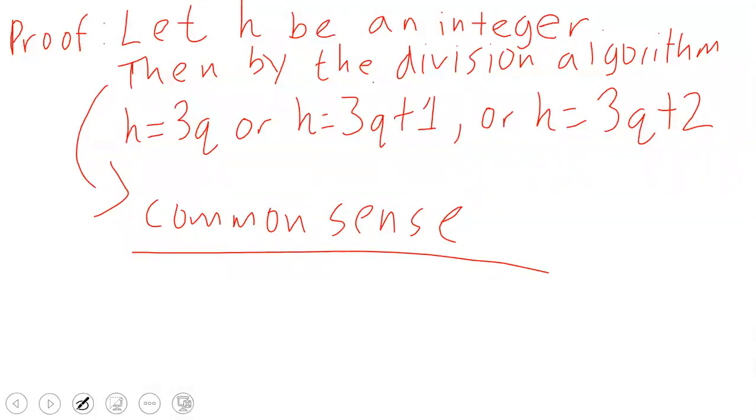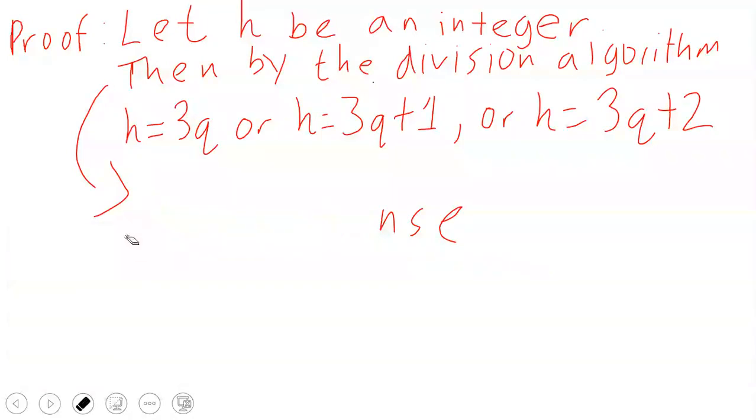I just used the common sense way of explaining it. In math, we call it the division algorithm, but really, it's common sense. And to be honest, a lot of the science is just a systematic application of what we know by common sense, right? Anyway, so let's do this.